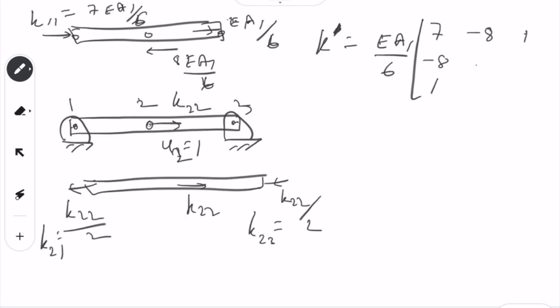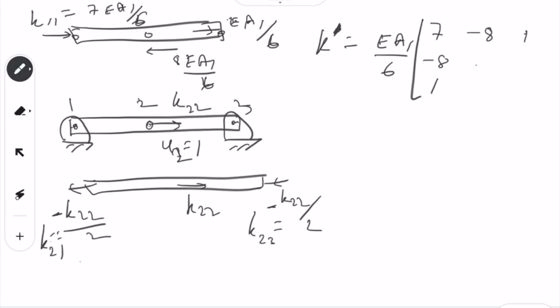And it will be on the negative side, minus of that. So see here, this one is nothing but K12 equal to K21. Sorry, this is K21. K21 is minus 8, we know that.